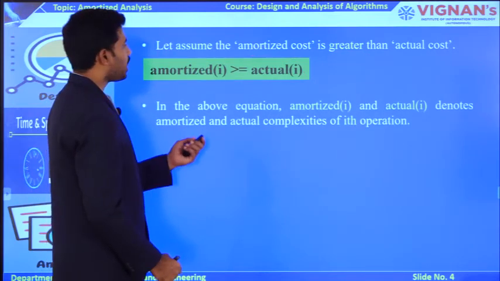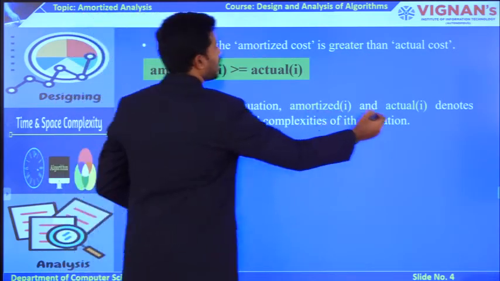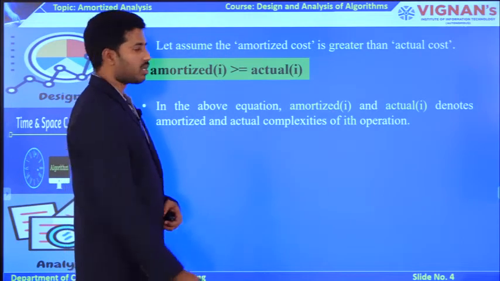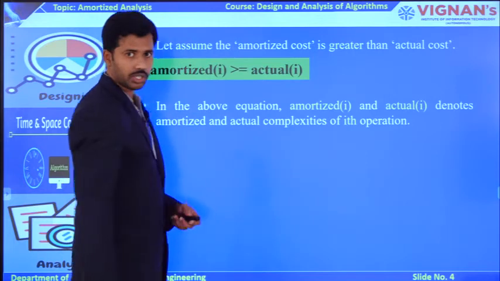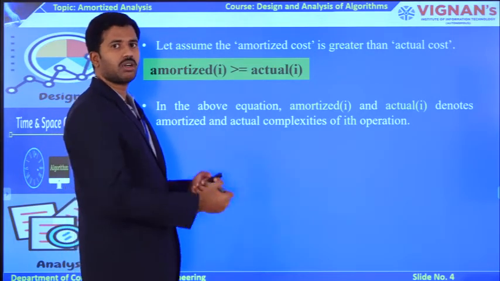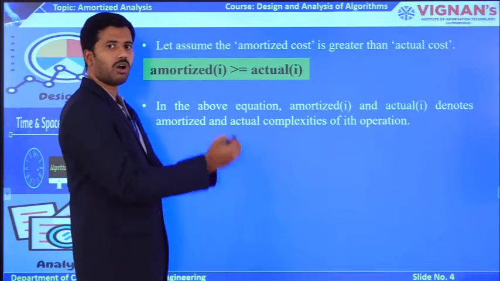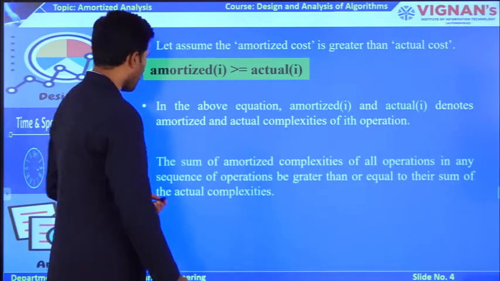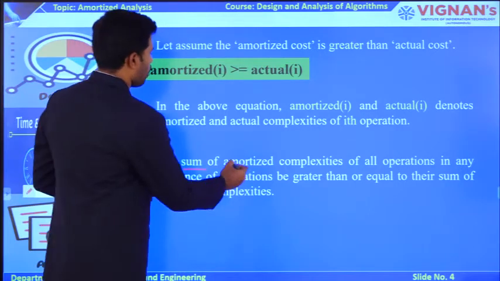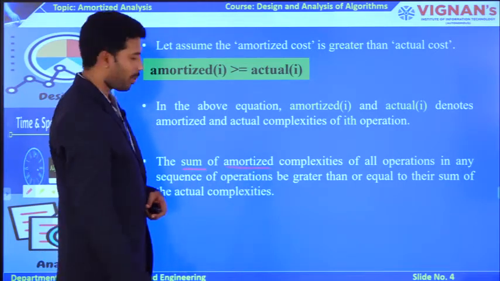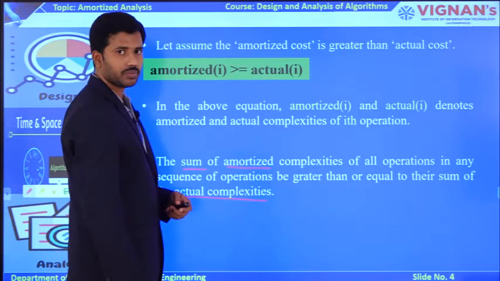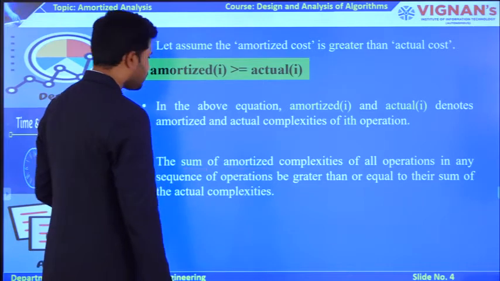So in the above equation, amortized of I as well as actual of I denote the amortized cost as well as actual cost for only the ith operation. Now to get the amortized cost as well as actual cost for all the operations, ultimately you need to apply sum, that is, sigma.